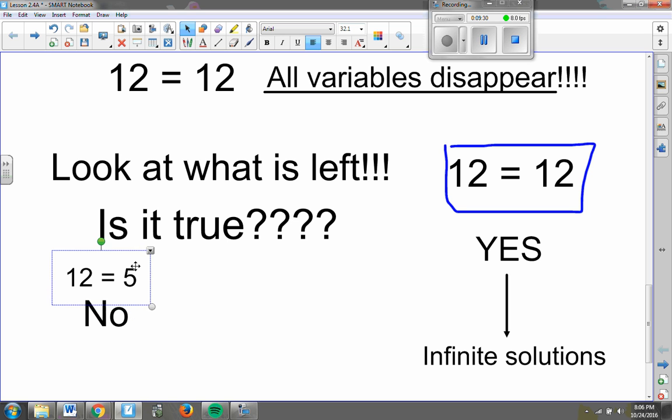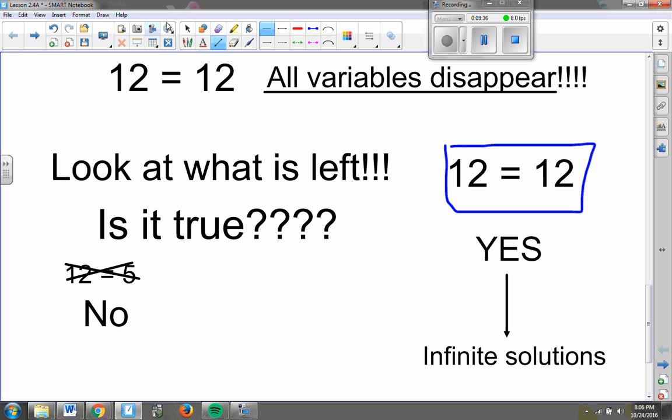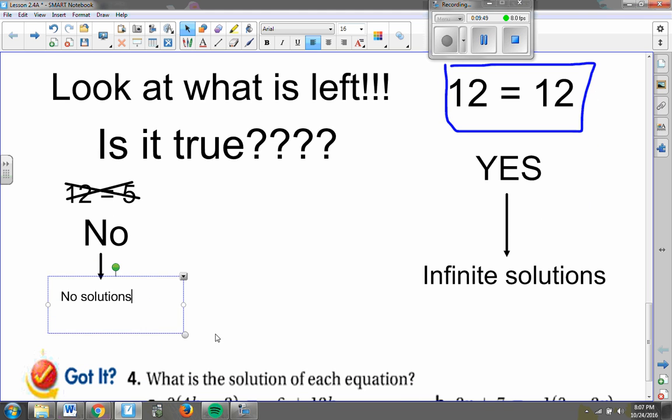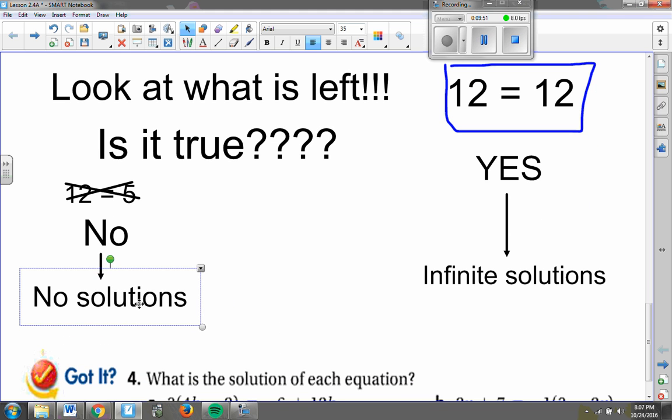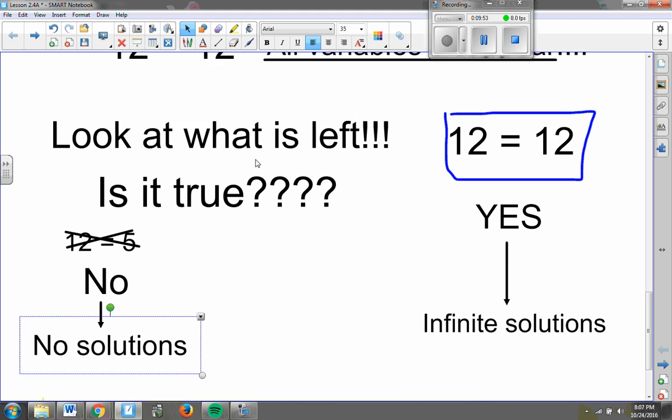Is that true? Does 12 equal 5? No, definitely not. 12 does not equal 5. And if the answer is no, that also leads us to our answer. And the answer is no solutions. So when the answer is no to that question of is it true, then we say no solutions.